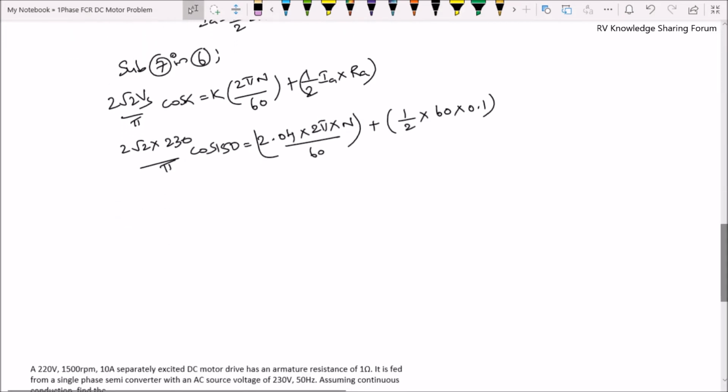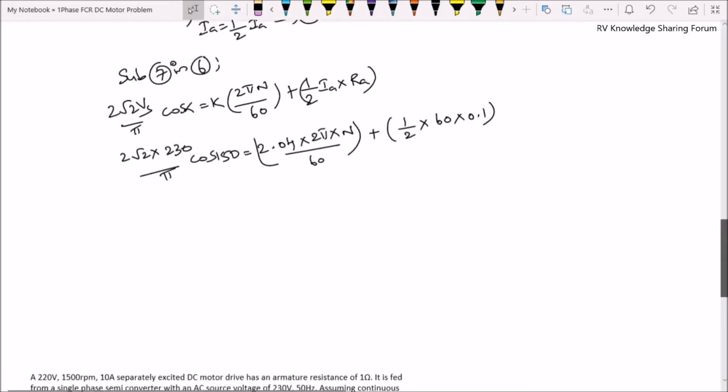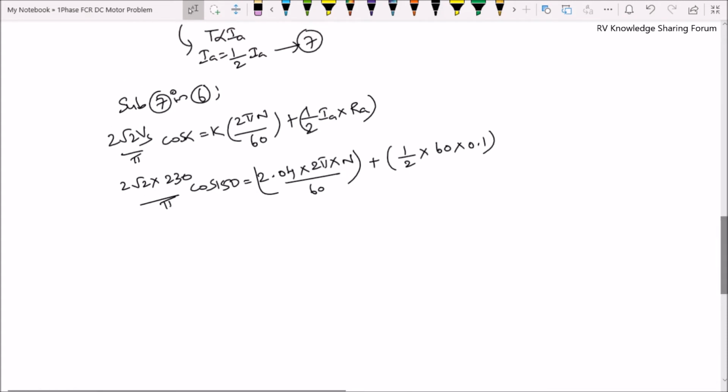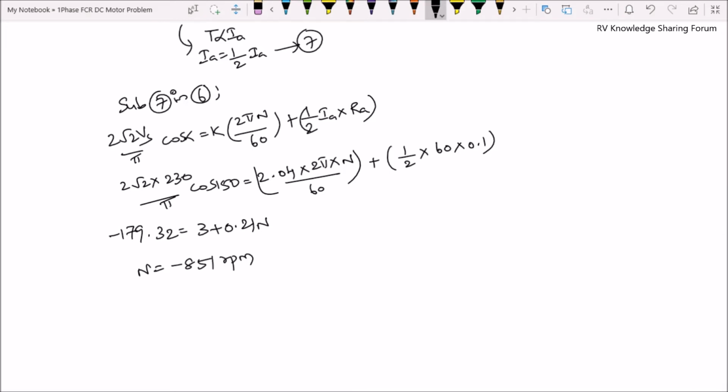If we solve this, we will get minus 179.32, which is equal to 3 plus 0.21 n. If you solve this, we will get n is equal to minus 851 rpm.